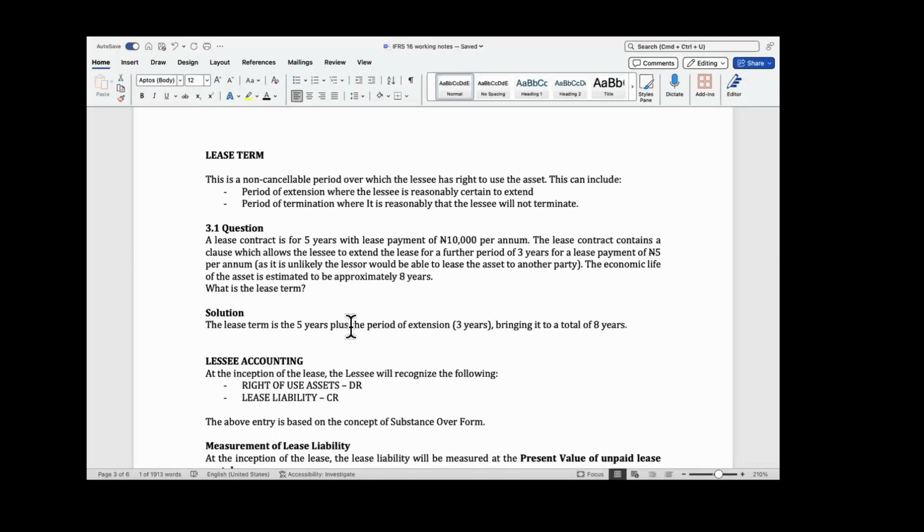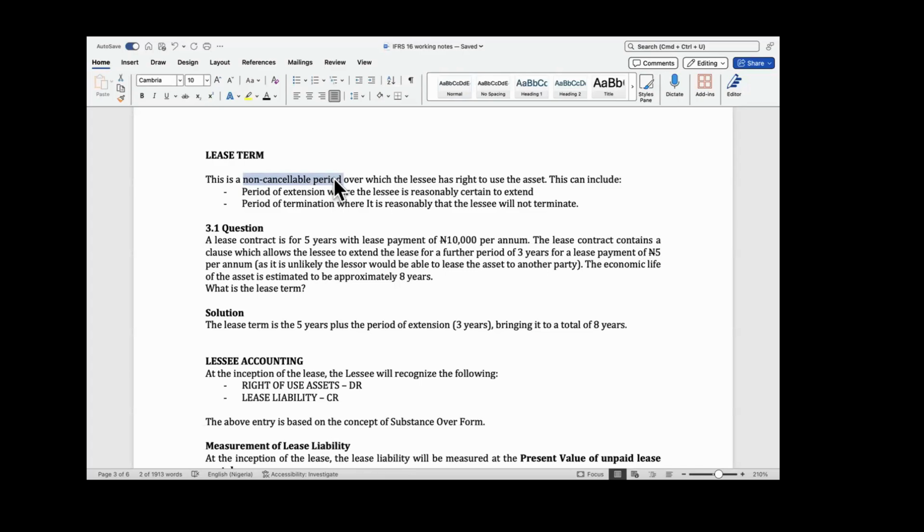And we also identified that when we say lease term, we are talking about the non-cancelable period over which the lessee has the right to use the asset. And this lease term can be extended.